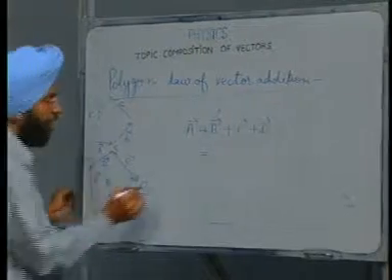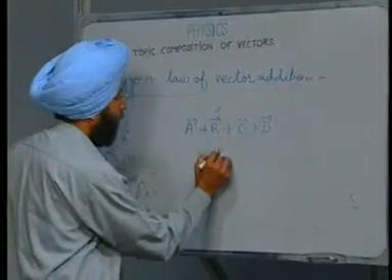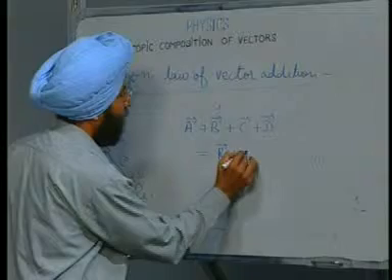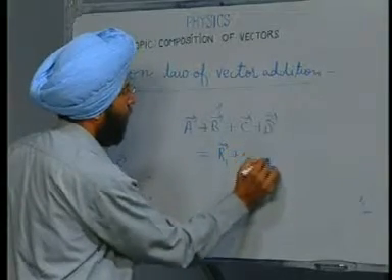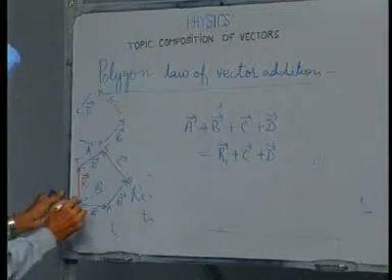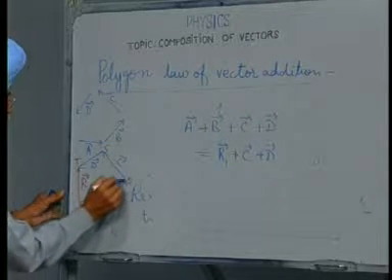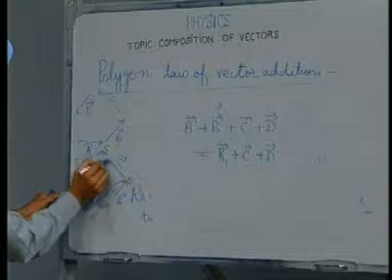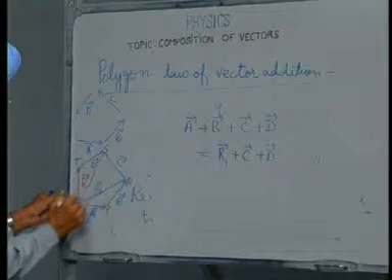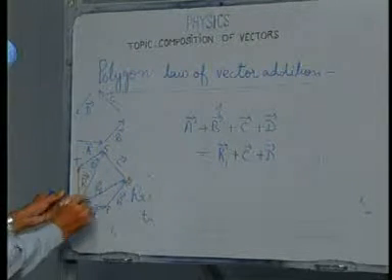R1 is represented by OQ. So, this is R1 plus C plus D. Taking R1 and C, we take the triangle OQS.